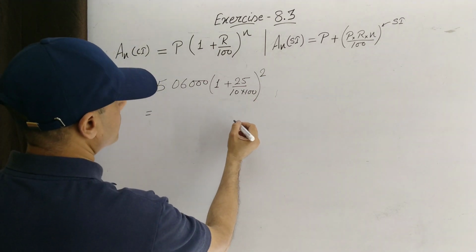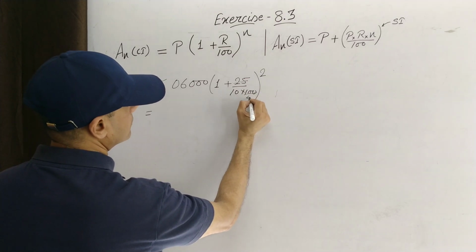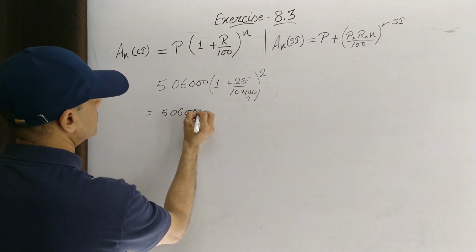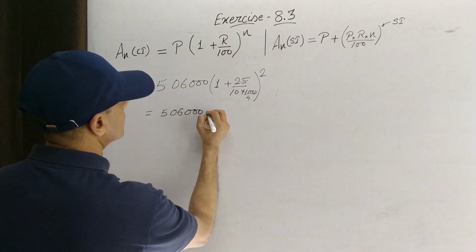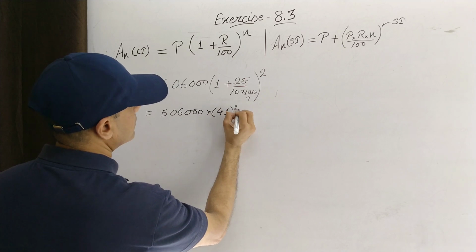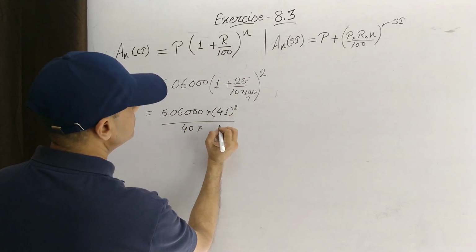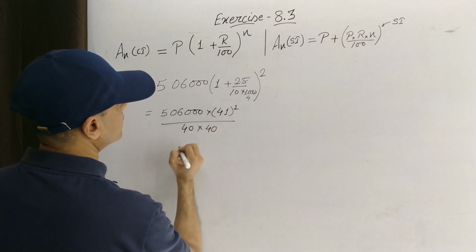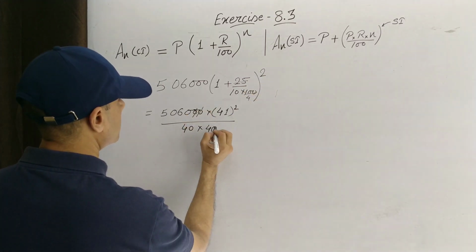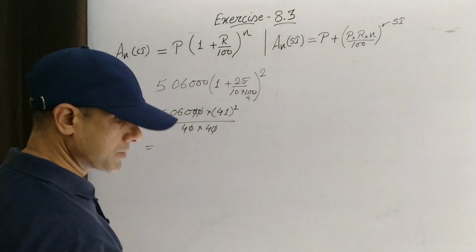So we get this as 506,000 into 41 square divided by 40 into 40. So this again you have to sit back and calculate it. This calculation has already been done.